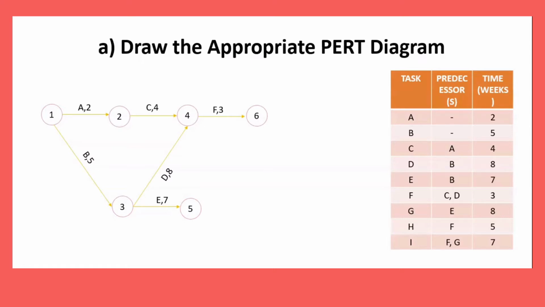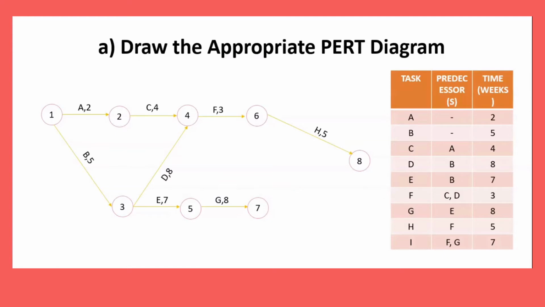Next is G. G is from E. E is also available, so we end E at node number 5 and start G, duration time 8. Next is H. H is from F. F is also available, so we end F at node number 6 and start H, duration time 5.